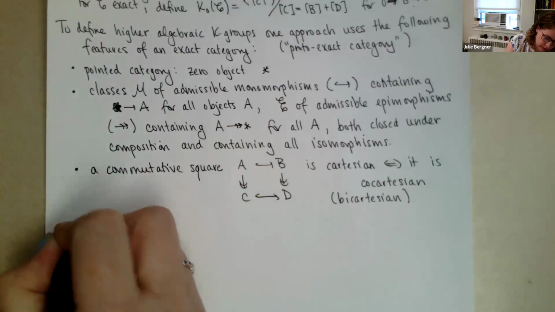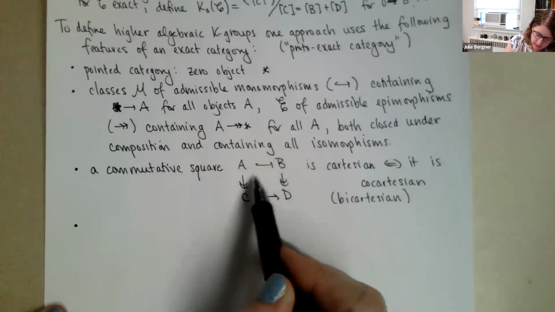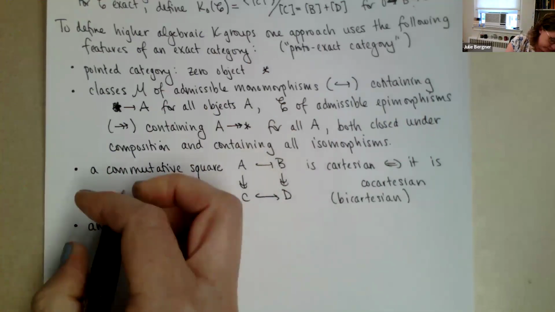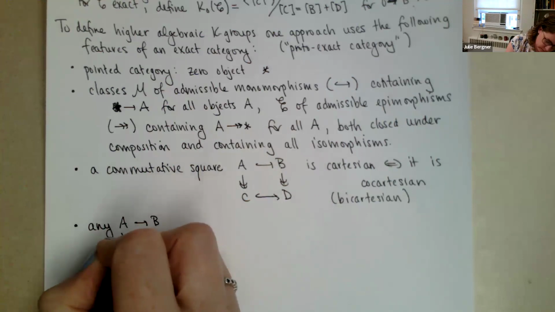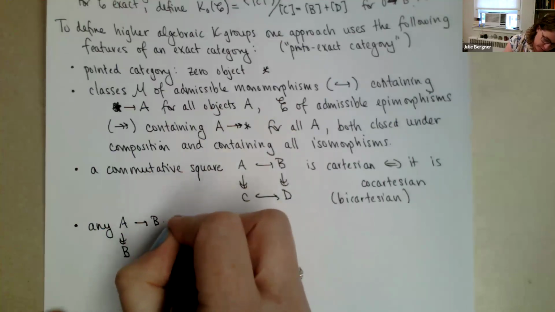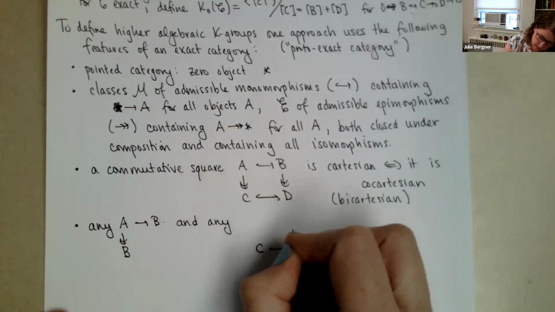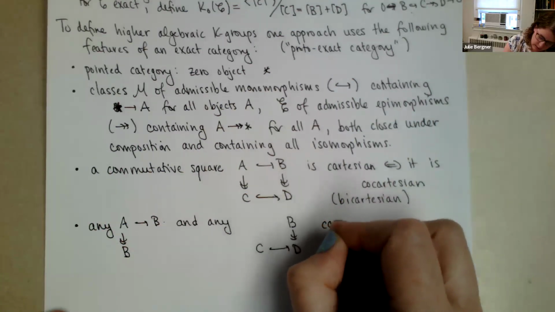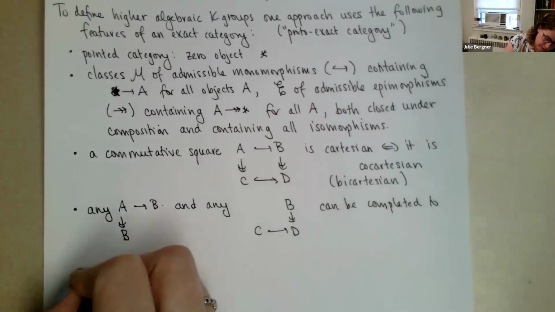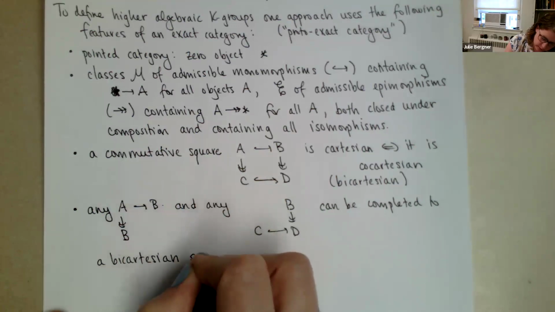And then finally, these squares will be determined by either this span or this cospan. So if we have any configuration of an admissible mono and an admissible epi, or the other way around, a cospan, it can be completed to a bicartesian square as above.